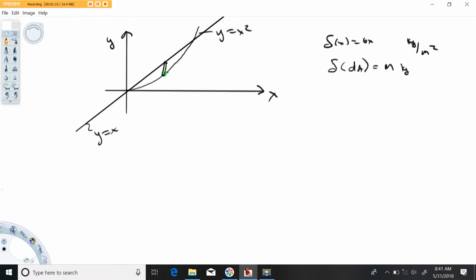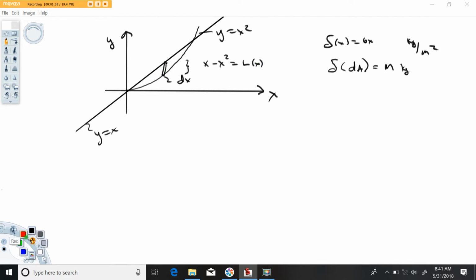They don't always have to be vertical, but this one is set up pretty nicely for a vertical element. It has a width equal to dx. It has a length equal to this y value, which is equal to x, minus this y value, which is equal to x squared. So there's a length as a function of x as we move left and right.